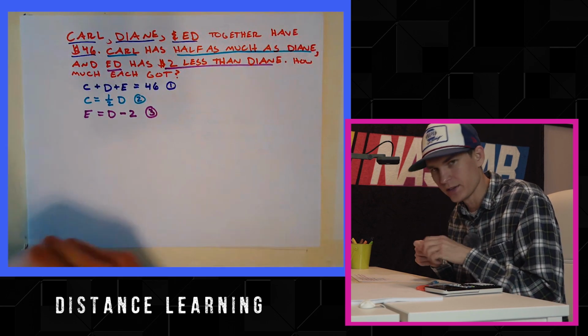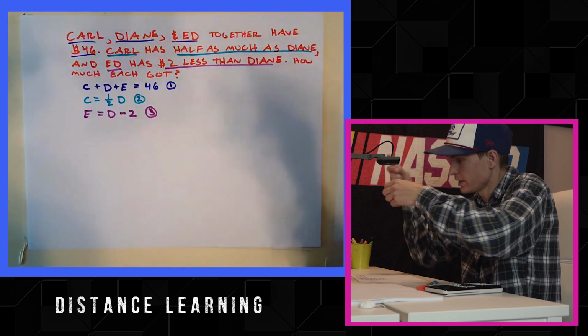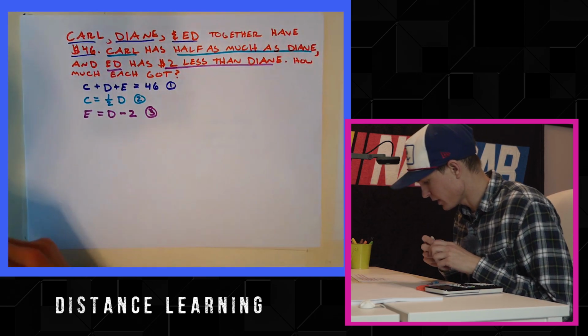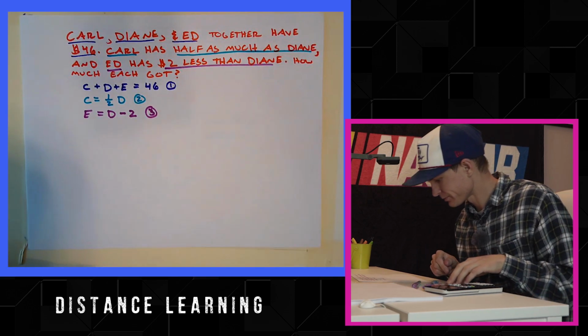Cool. If you see me looking over here, it's because I got the view of what this is. I need to make sure it's in focus. All right, 3 equations. How do we do this? It's a good question.